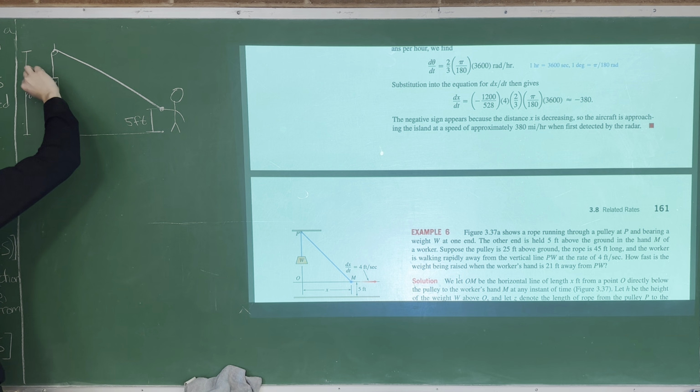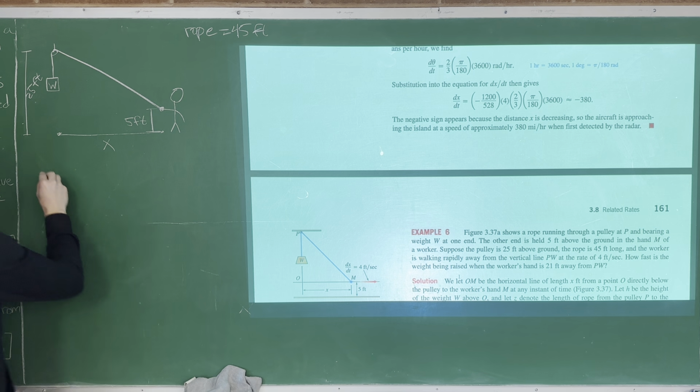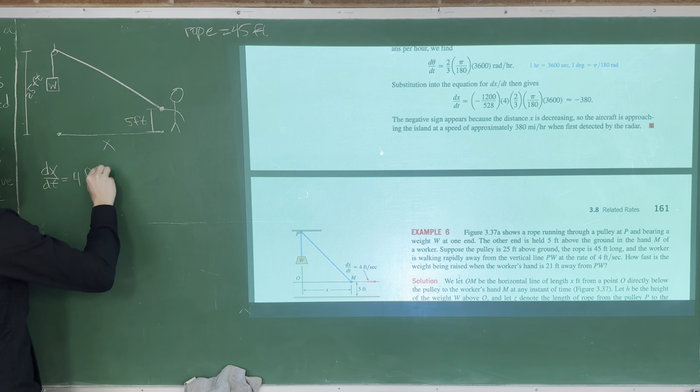And the worker is walking rapidly away from the vertical line PW at the rate of 4 feet per second. So our worker is walking this way. I'm going to use x to signify how far my worker is in that direction, so dx/dt is 4 feet per second.